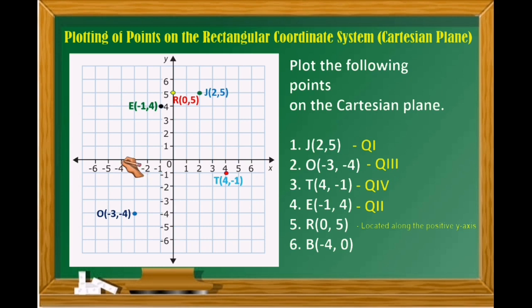And y is 0, so we do not need to move upward or downward, so we just stay there. There you have it. That's point B. Point B is similar to point R. It is not found in any of the 4 quadrants, but it is found along the negative side of the x-axis. So we can say that point B is located along the negative x-axis.